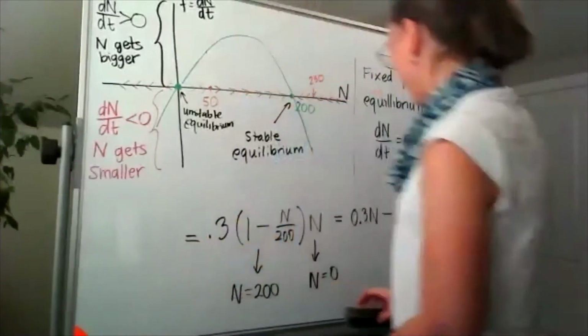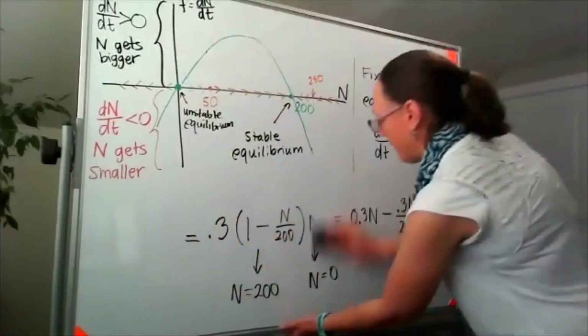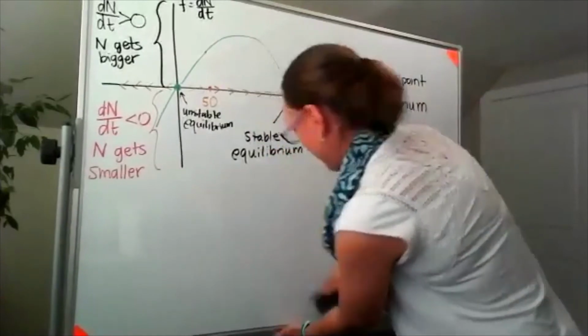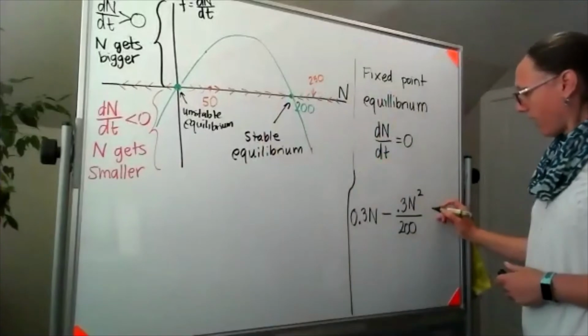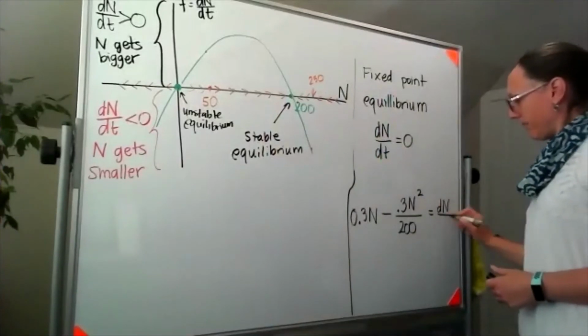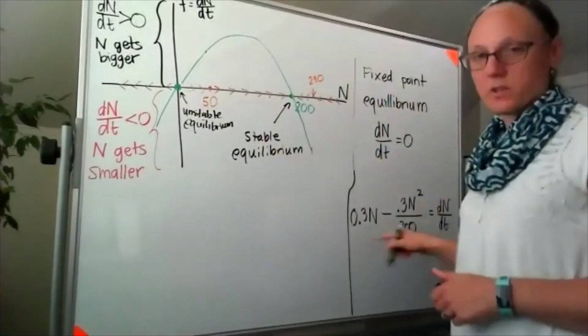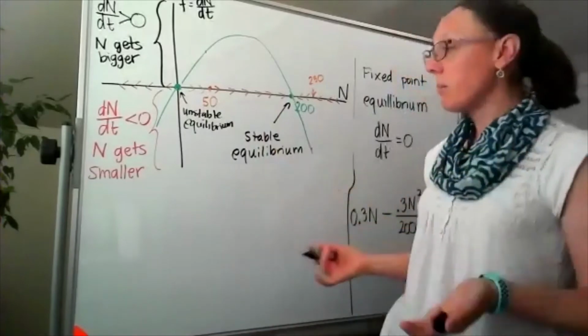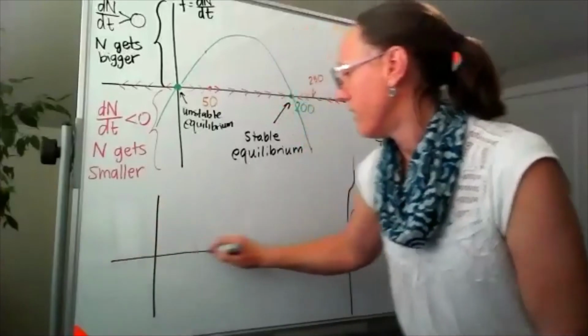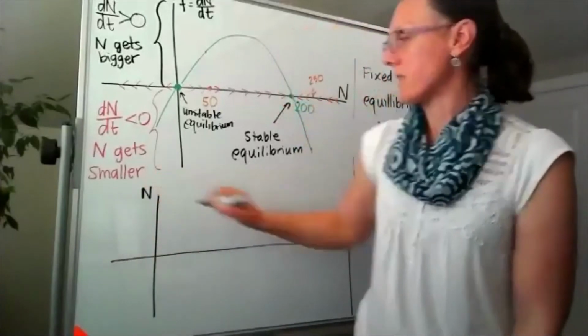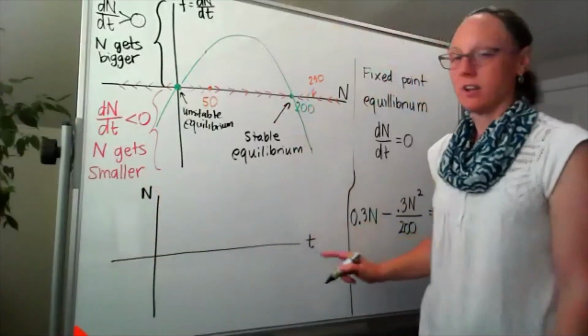But maybe what we actually want to explore, I'm going to keep this up here, so we're going to do something with it in a second. But maybe what I actually want to explore is what that population looks like as a function of time.